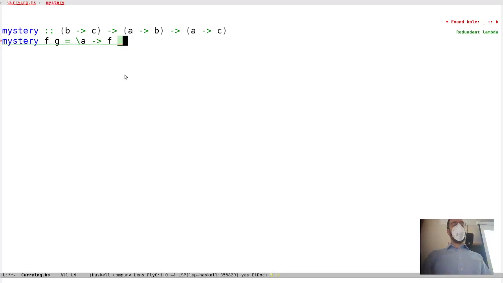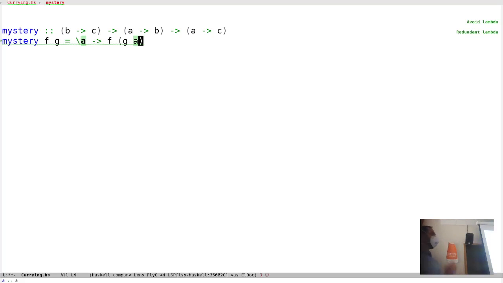Well, I need to give it a B, and it's actually telling you that. Well, okay, how can I get a B? The only place I can get a B from is as the output of G. So I better put G here applied to something. What could I possibly apply G to? I have to give it an A. I have one of those, so I can fill in A there.